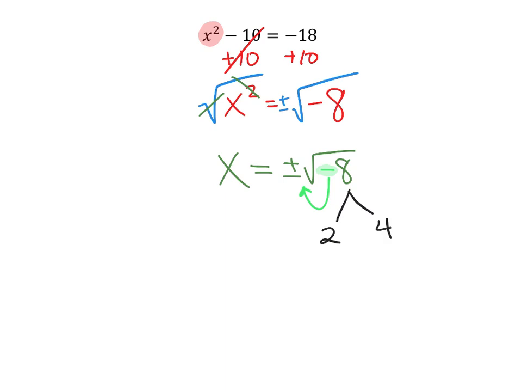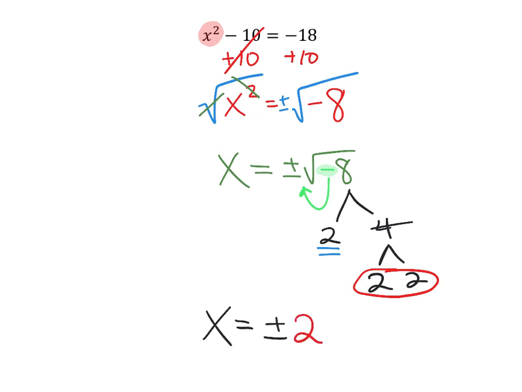Can I break one of those numbers down? Yes, 4. 4 can be 2 and 2. Okay, so I have a pair of 2's and a singleton 2. So I'm going to end up with x equal to plus or minus 2i square root of 2.